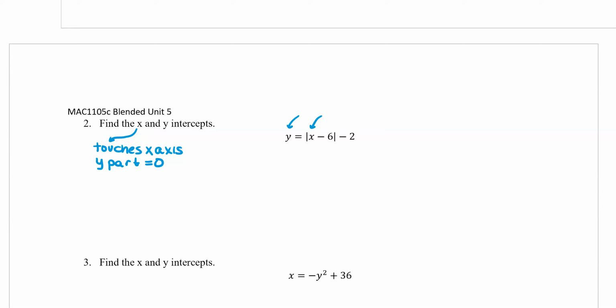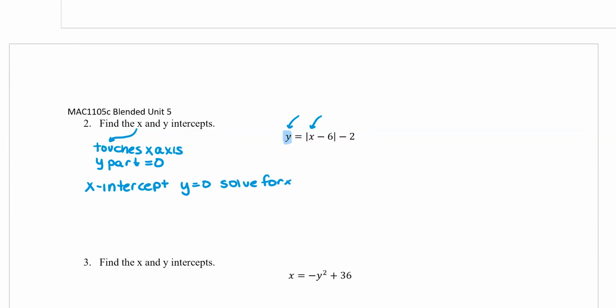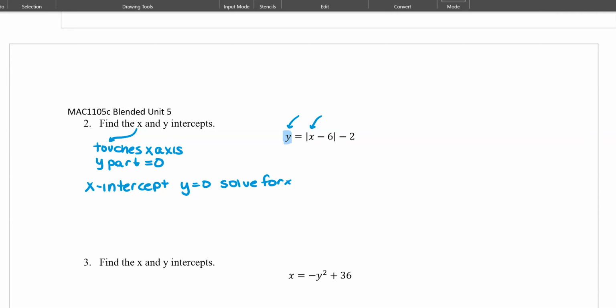So for finding the x-intercept, we're going to let y equal 0 and solve for x. So I'm replacing y here. Here's my y. I'm going to replace that with 0.